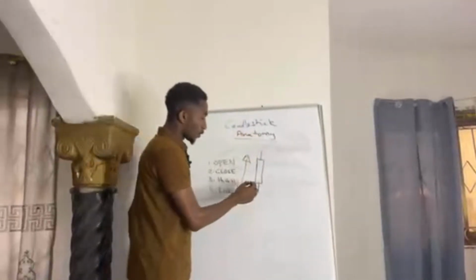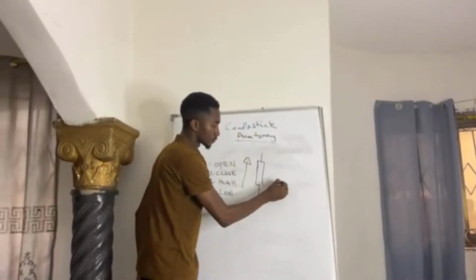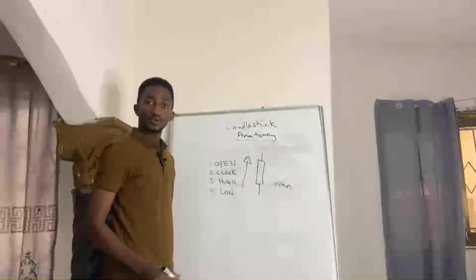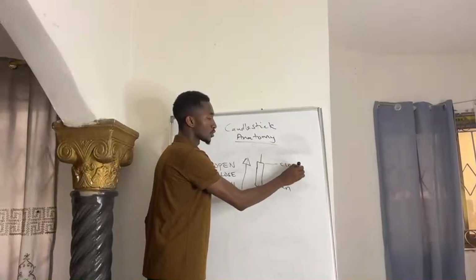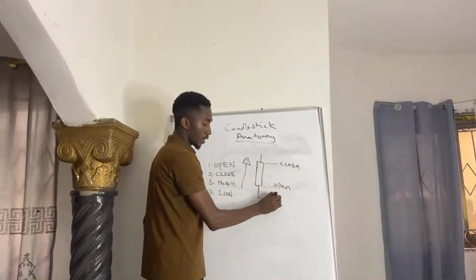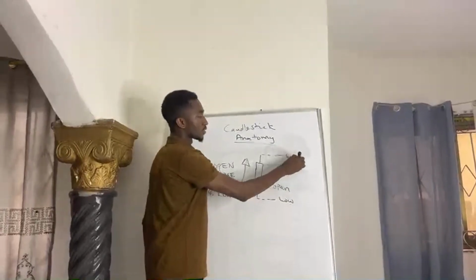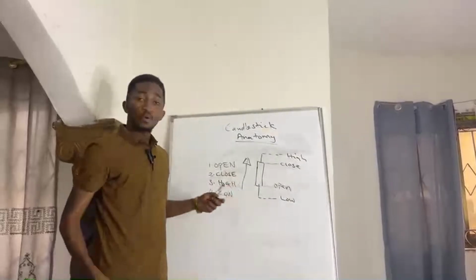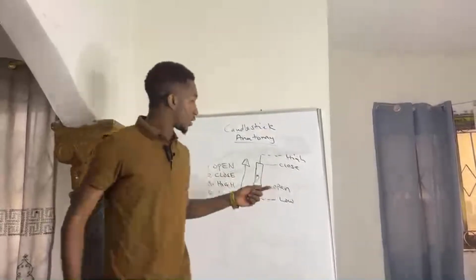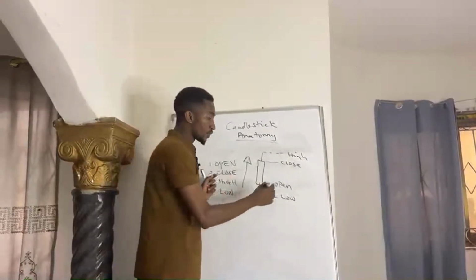So this is going to be our opening, and this is where you are expecting the candle to close. This is still going to be our low, and this is going to be our high. So when the buyers are in control, the candle starts from the bottom.